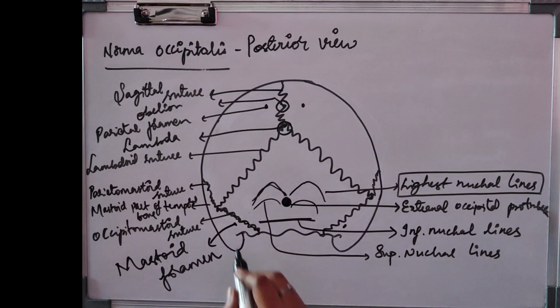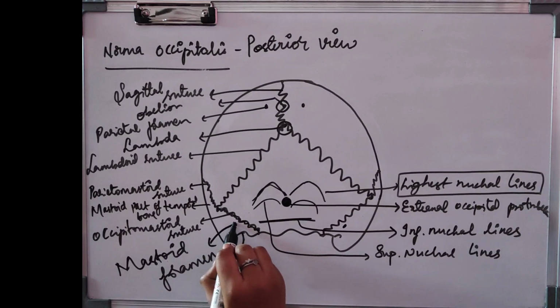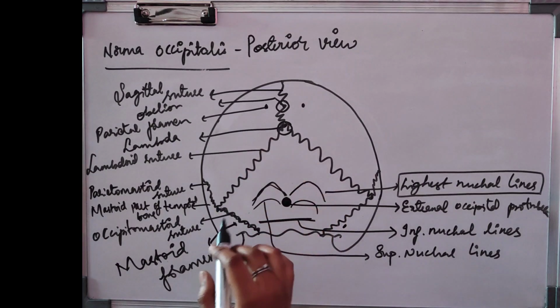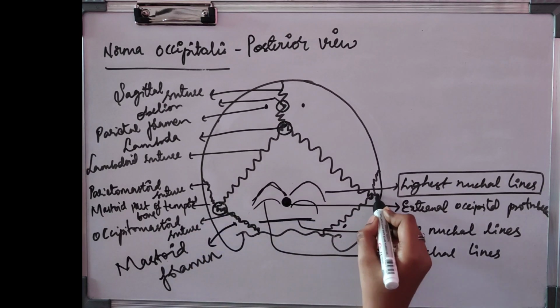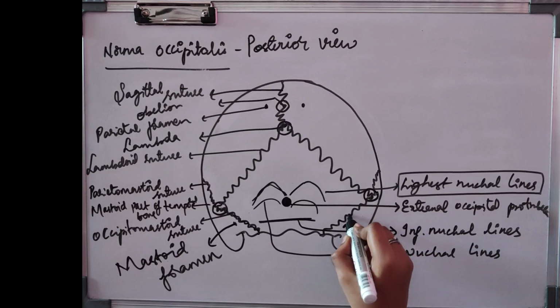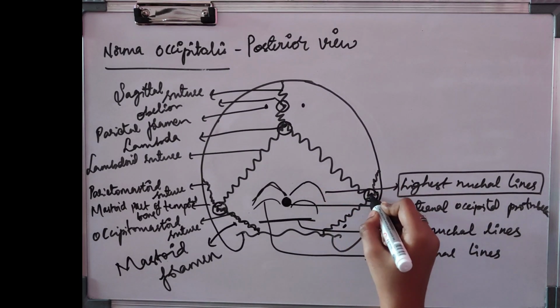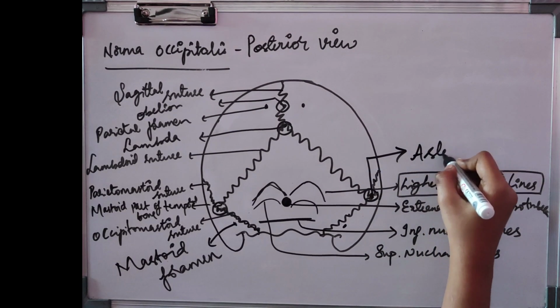Mastoid foramen is present on the mastoid part of the temporal bone nearer to the occipitomastoid suture. And similar to lambda, we can find one more point here where three sutures are meeting. Occipitomastoid suture, parietomastoid suture and the lambdoid suture are meeting at this point, and this point is known as asterion.